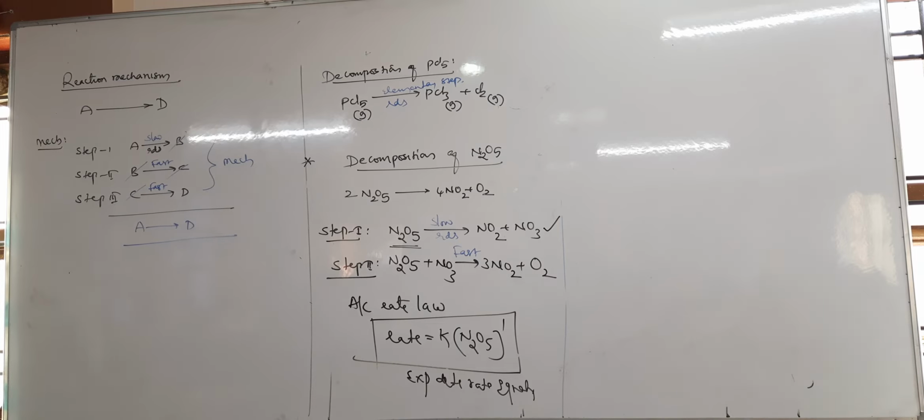Next point, if the reaction completes in more than one step, only one step is a slow step, which is called the rate determining step.